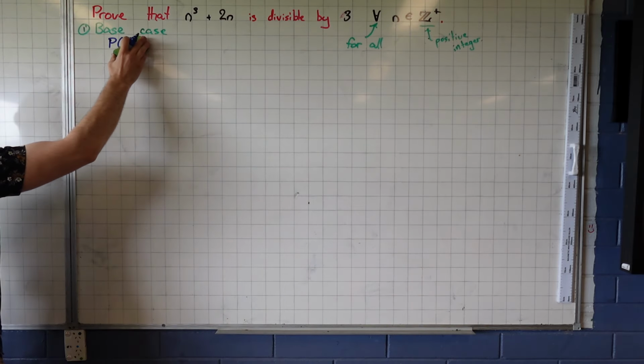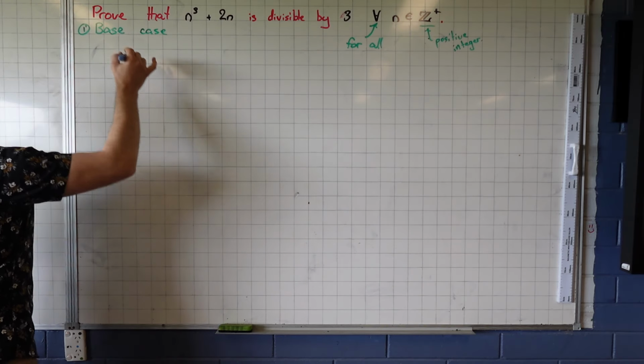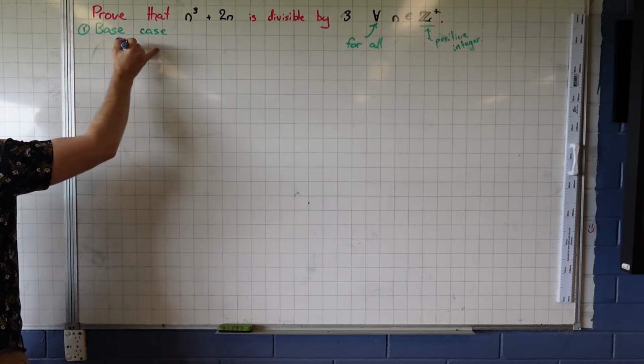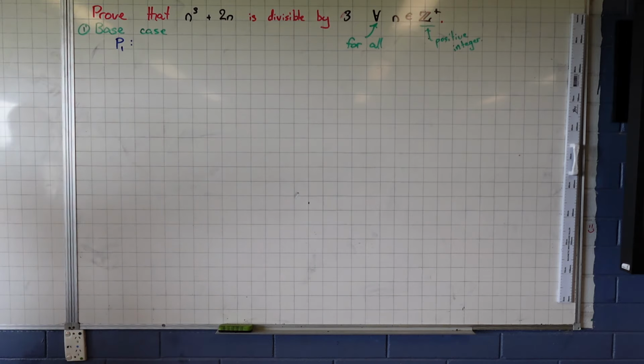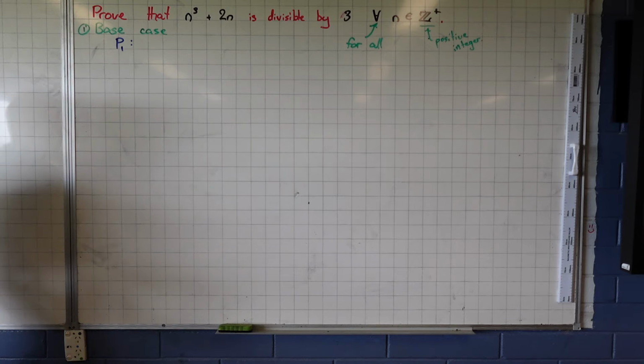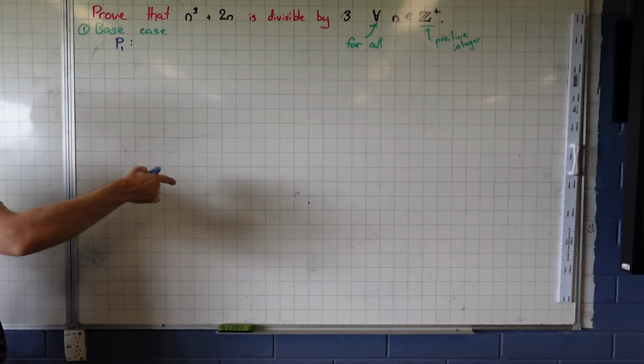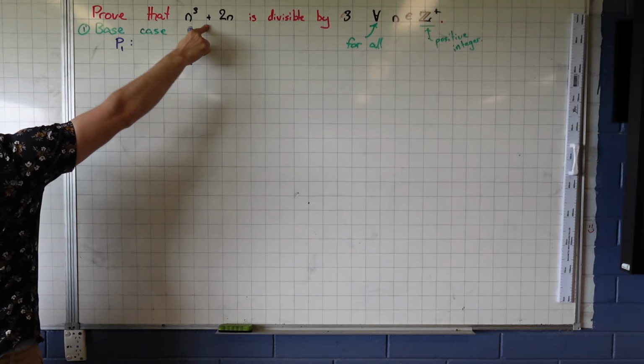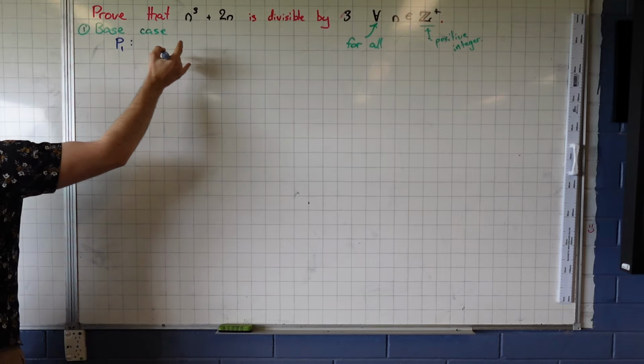For stage 2, I'm going to use the subscripted notation, P sub 1, like so. You can use what we did in stage 1 if you like. I'm going to do this because I believe that's what the textbook does, and it's what our worked solutions are. With our base case, we get our statement, n cubed plus 2n.